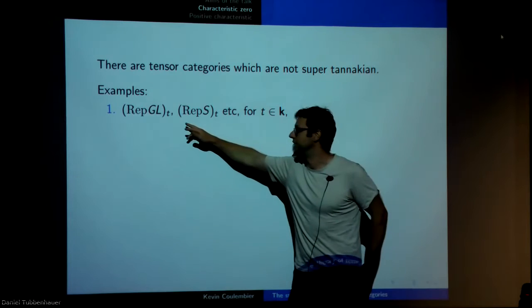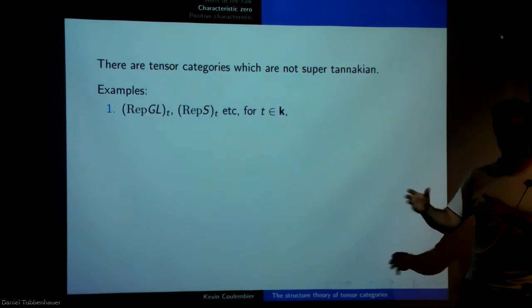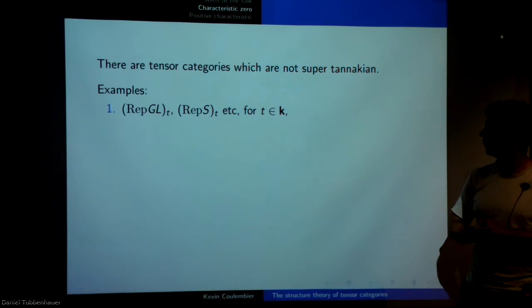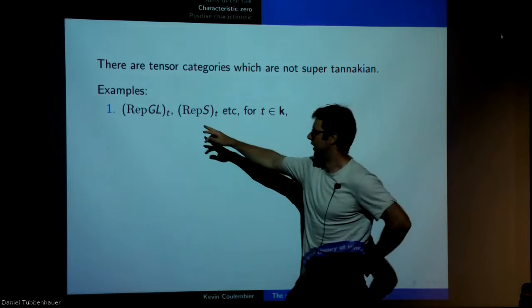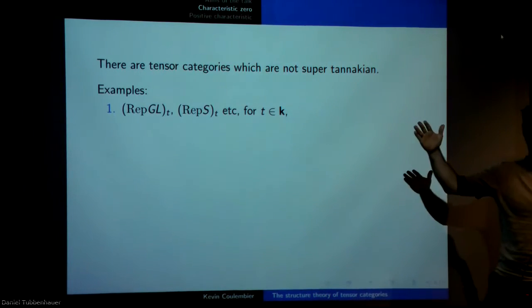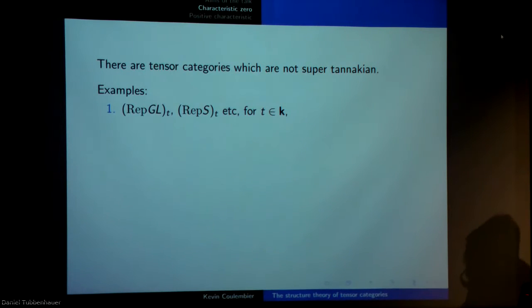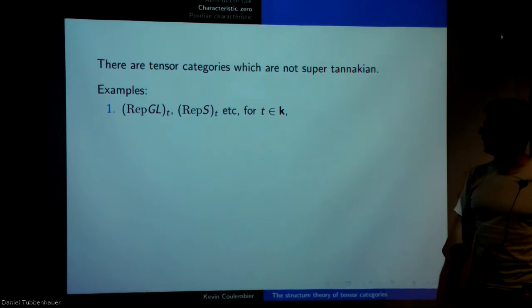If t would be an integer, then you need to take an abelian envelope, which is a lot more intricate to do, but it can be done. So there is also a tensor category for every t here. And they're of super exponential growth, precisely because you forget to quotient out by this relation that you usually get in Schur-Weyl duality.